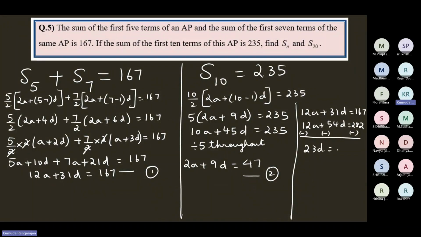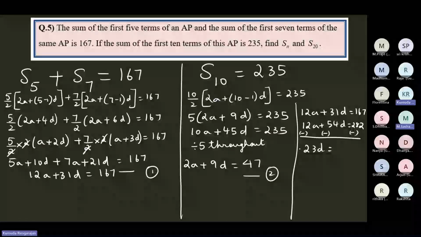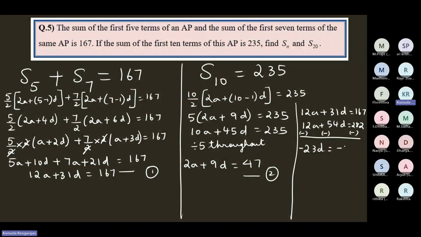D is equal to, oh my God, the subtraction. What is the difference, children? Ma'am, 115. 115 minus 115, minus 23D is equal to minus 115, right? Yes, ma'am. So D is equal to 5.